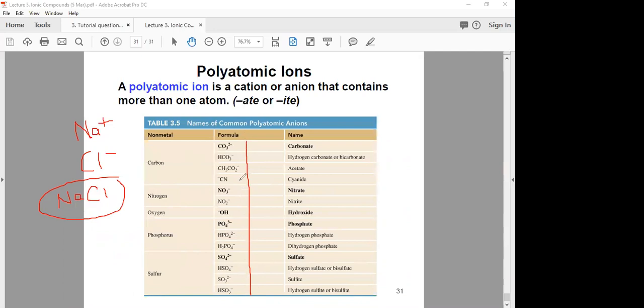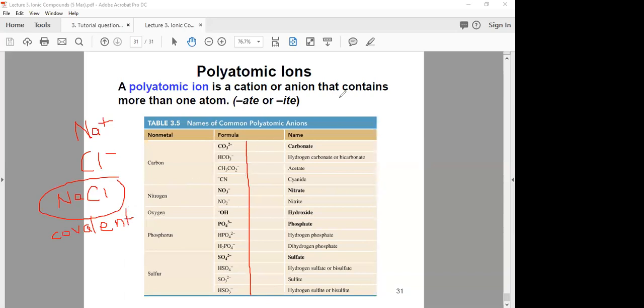And they consist of more than one atom, but there's another important difference here. These atoms that you see in this table are bonded together not by ionic bonds, but by covalent bonds. So they're actually joined together by a different type of bond. And we'll look at those next week.